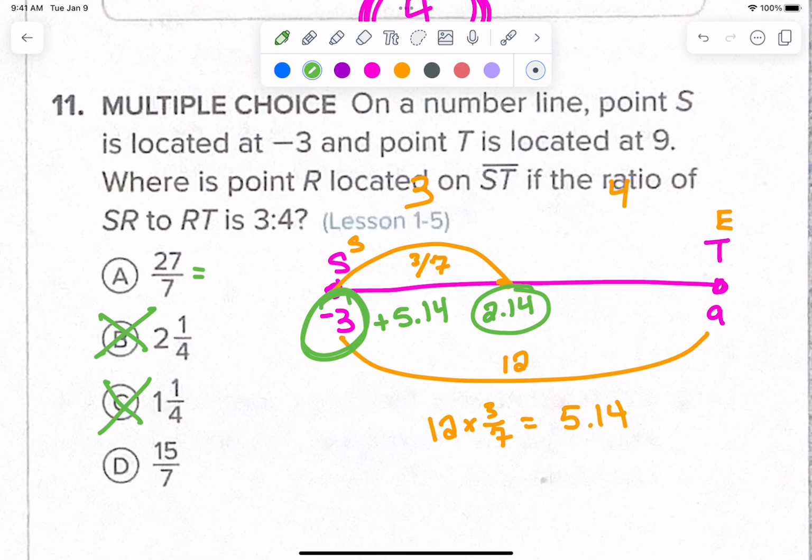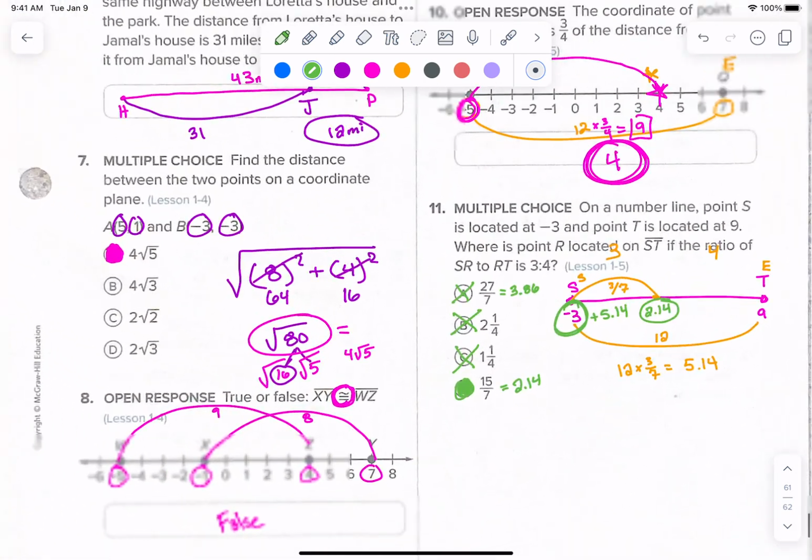A is gonna be like 3 and 6/7 or something like that. 3.86, okay? So it's not A. Is this 2.14? Yes. You betcha, D is what we want. Okay, happy with that? That was a decimal. It was kind of icky.